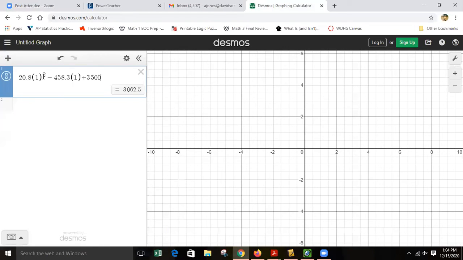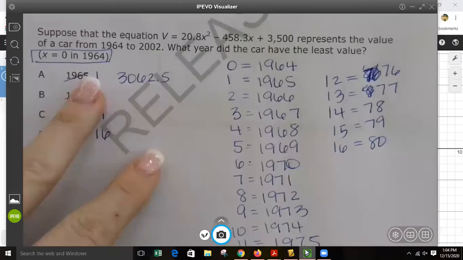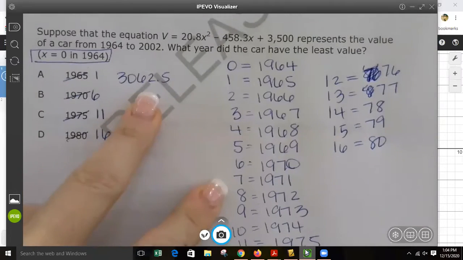So that gives us 3062.5. So I'm going to put that on my paper. I just wrote it down. So in 1 year, the value would be 3062.